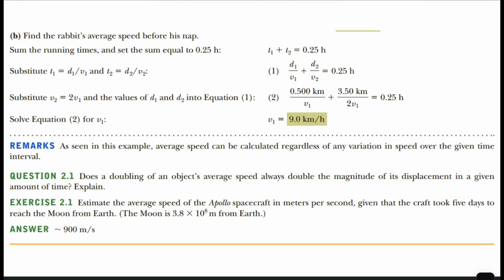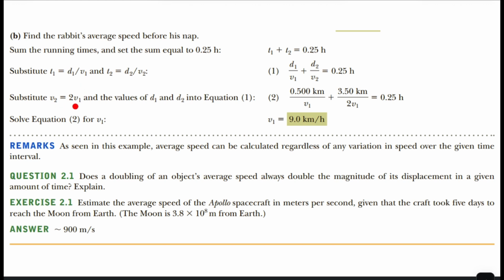Alright, and we know that time is equivalent to D over V for both cases, before the nap and after the nap. This time, when we add up, must be equivalent to the 0.25 hours just now. Alright, and substitute the information of after the nap.